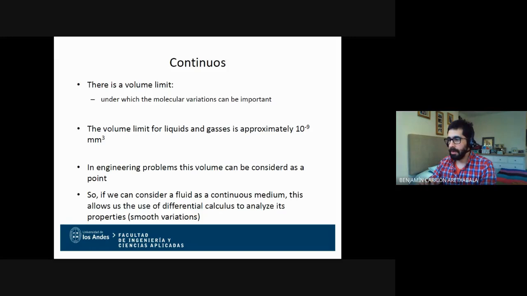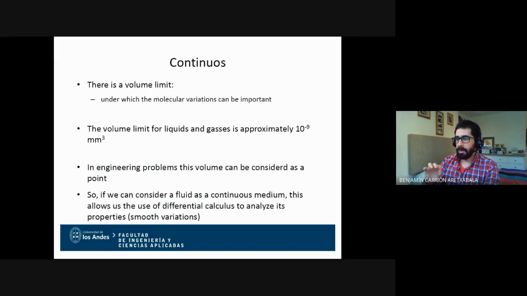So for any engineering applications, all of the properties that we're going to see here, you can consider them to be punctual, to be representative of a point in space and in time.